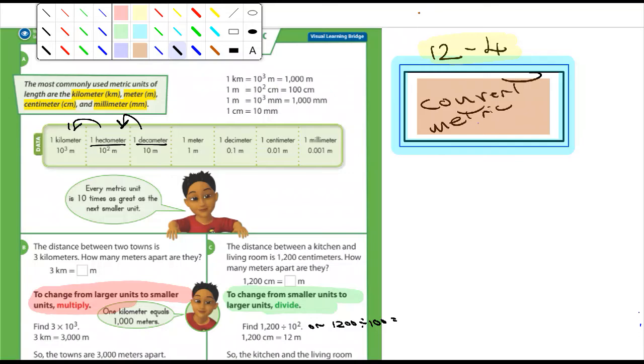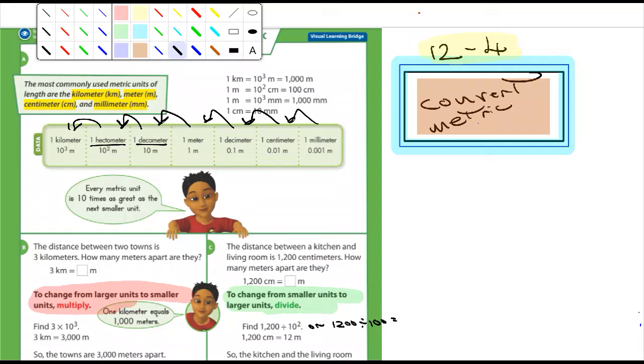How many meters do you think are in a decameter? 100. How many decimeters do you think are in 1 meter? 100. How many centimeters are in a decimeter? Yeah, there you go. You see the pattern here. 100 each time. Each time.